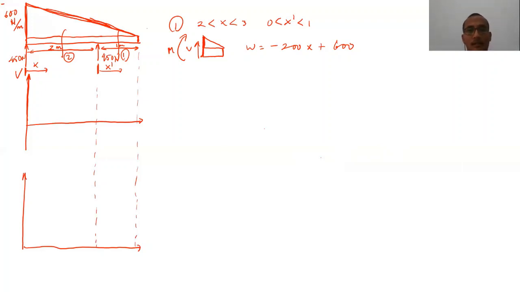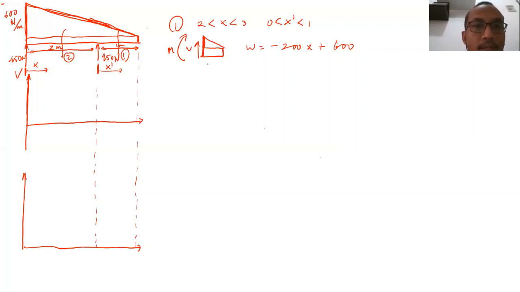Okay. And now, in terms of x action, we have to find the value of W because everything will be in x action.